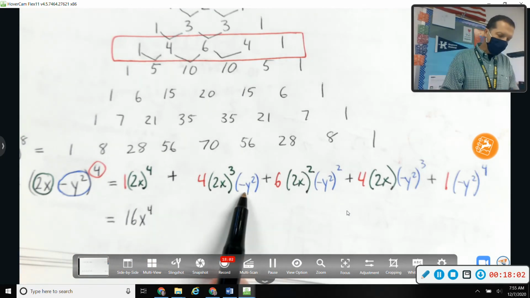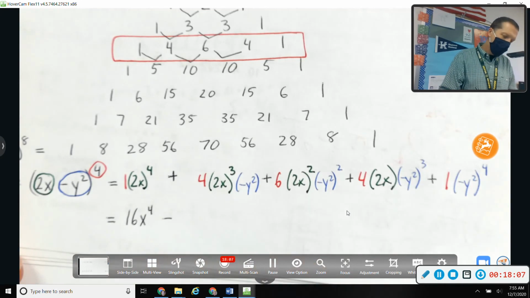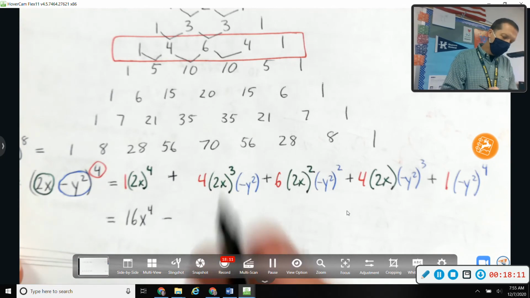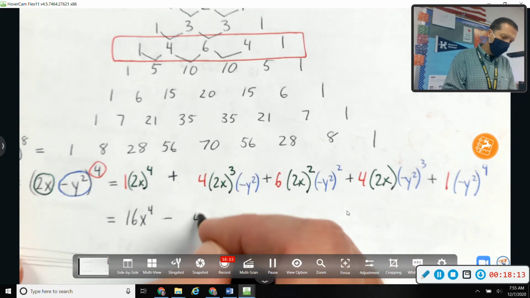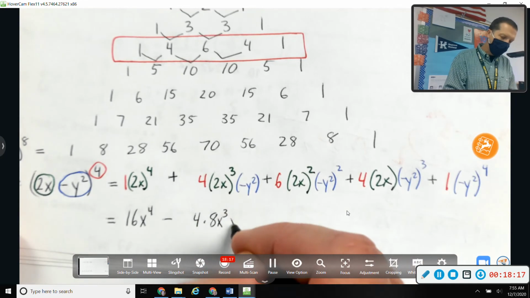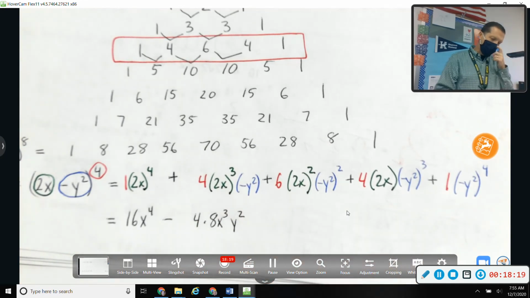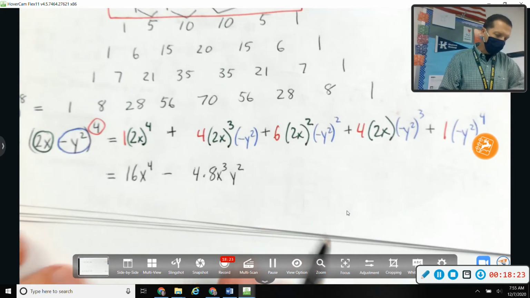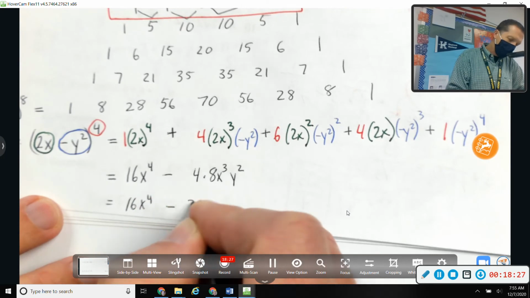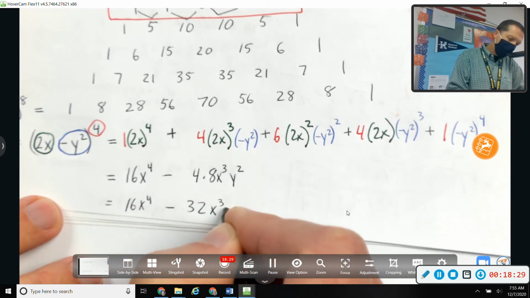This next term is going to be a minus because of that negative y squared. 2 cubed, and maybe I should slow down here. 2 cubed is 8. X cubed is x cubed. We'll put the minus out front. I can still clean up the 4 and the 8, so I got one more line to go here. Minus 32 x cubed y squared.